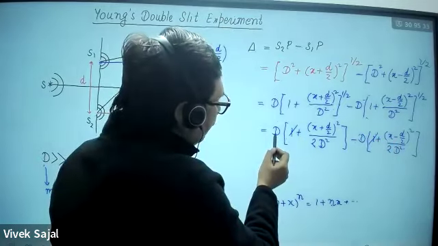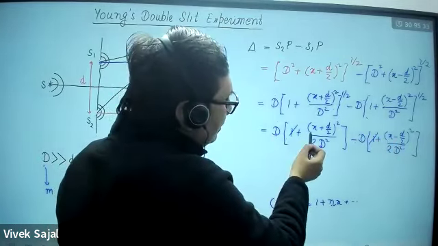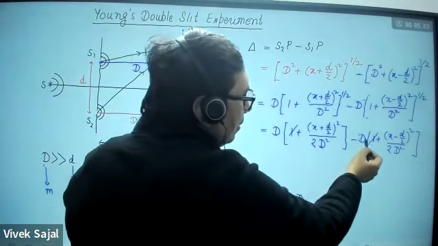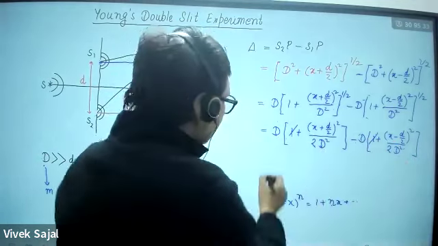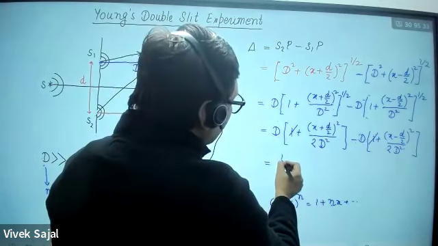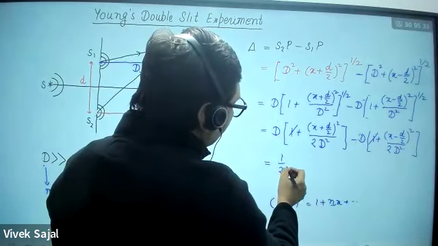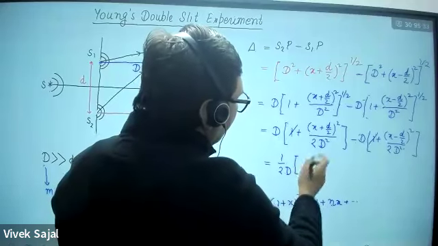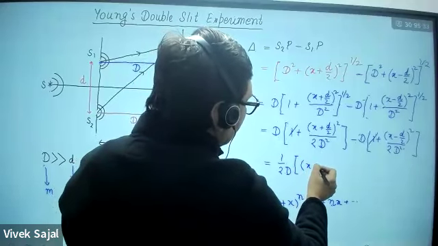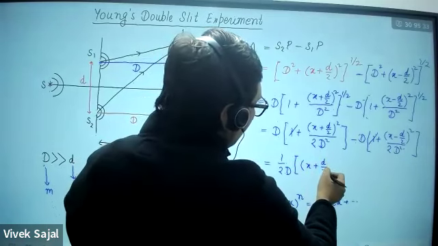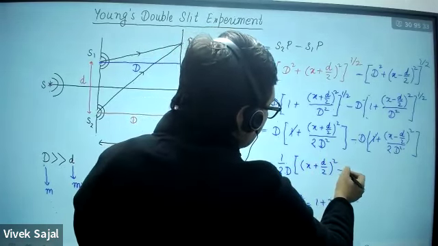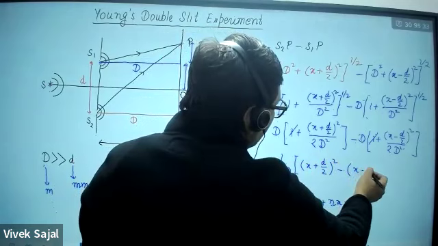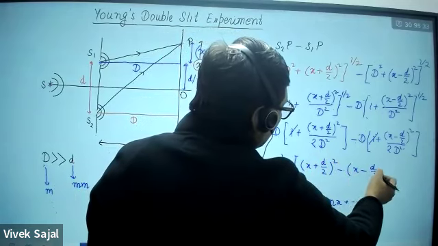And if you multiply this D here, one D will cancel out. So you can take 1 by 2D out, and inside it will be (x plus d by 2) whole square minus (x minus d by 2) whole square.